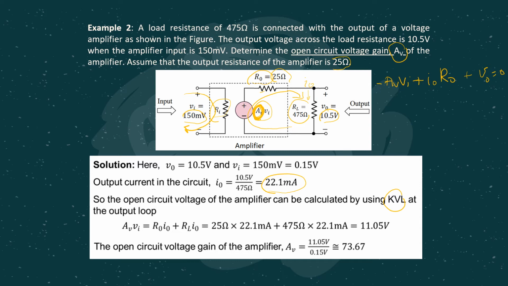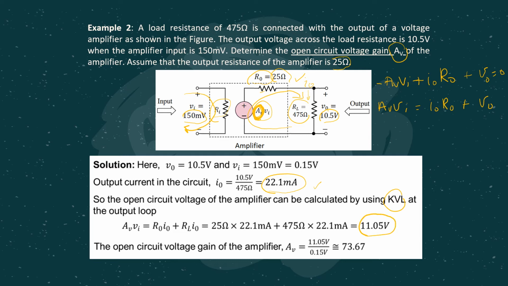So AVVI equals I0 R0 plus V0. I0 you already calculated just now, 22.1, R0 is given as 25 ohm, and V0 is also given, 10.5. So from here you can solve for it, and you get 11.05 volt.